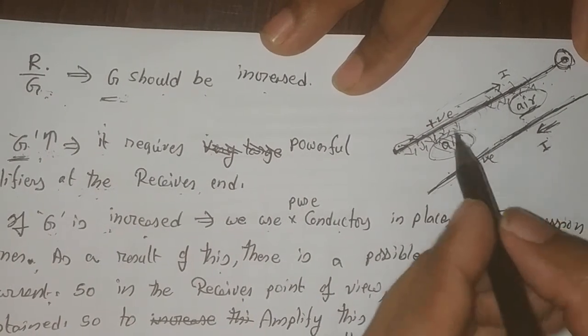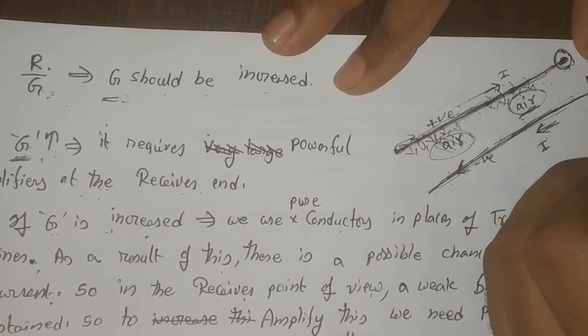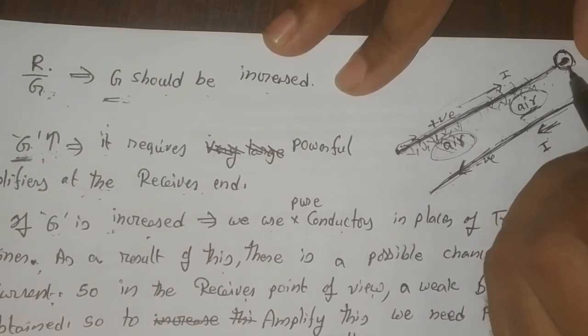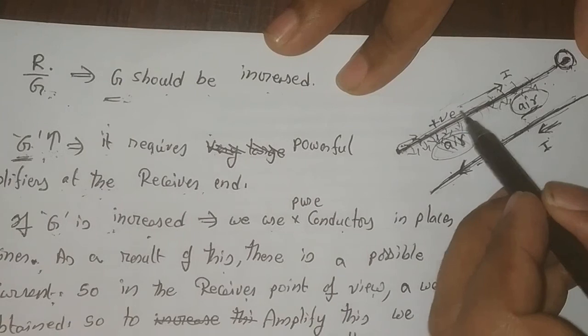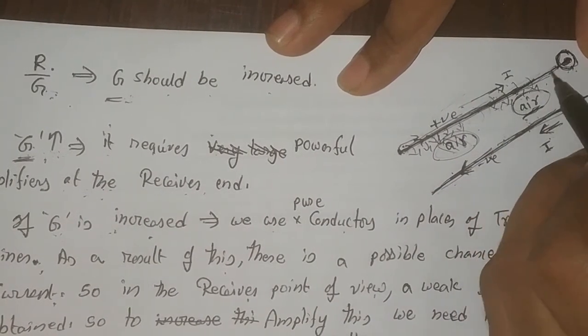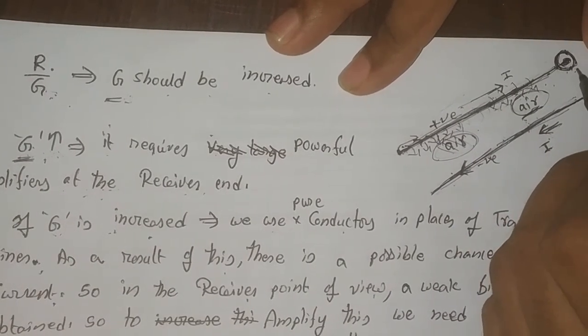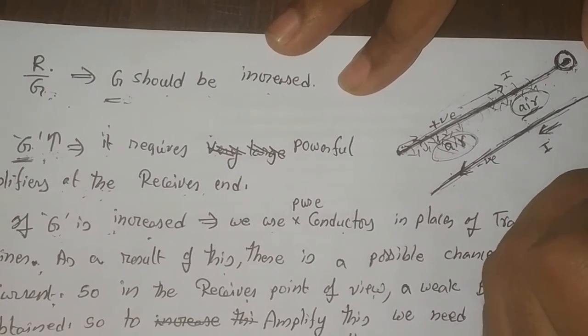As a result, when the current reaches the receiver section, the receiver can have a weak signal because the current is slowly leaking into the dielectric medium along its entire path. Therefore, near the receiver section, you have a very weak signal.